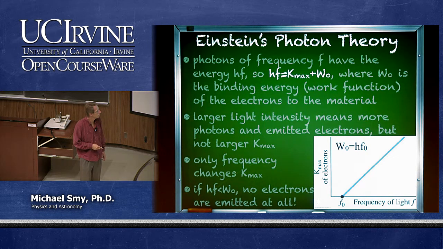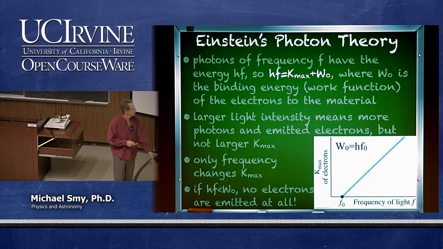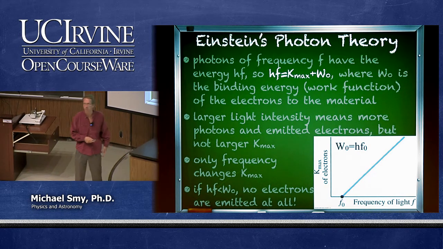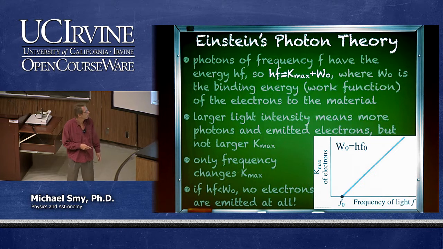And therefore, if we look at the liberated electron kinetic energy, then it is affected by the frequency of the light, and not so much by the intensity, which would be the prediction of the wave theory.